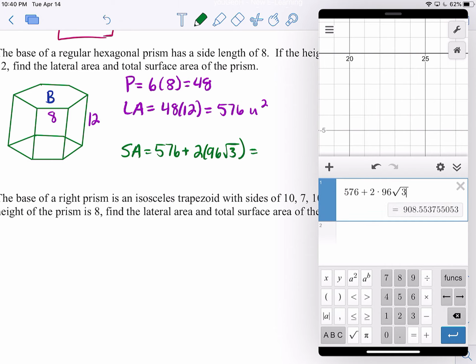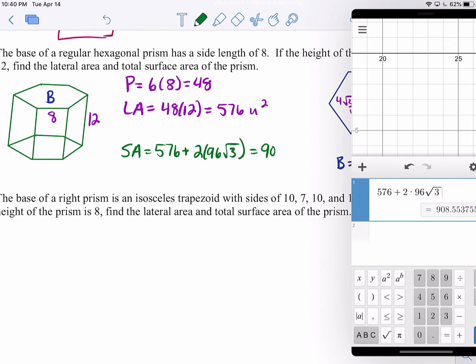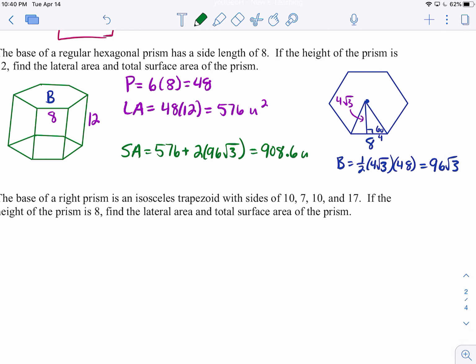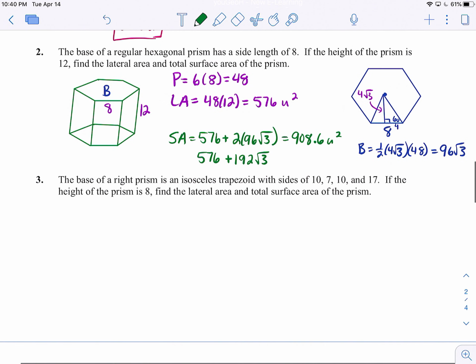So if you want to put this in a rounded approximated form, this would be, to the nearest tenth, 908.6 square units. Or if we want to leave it in exact form, this is 576 plus 192 root 3. Either way, it doesn't specify, and so that would be our correct answer for our total surface area, either in rounded or exact form.